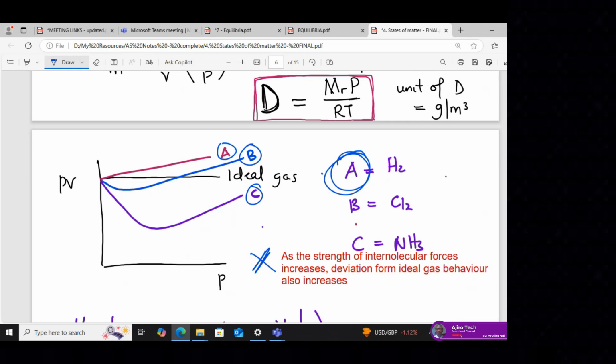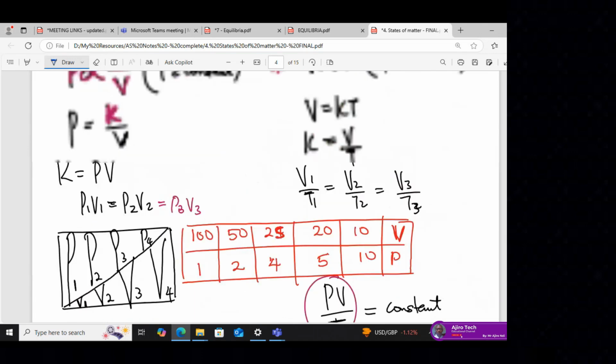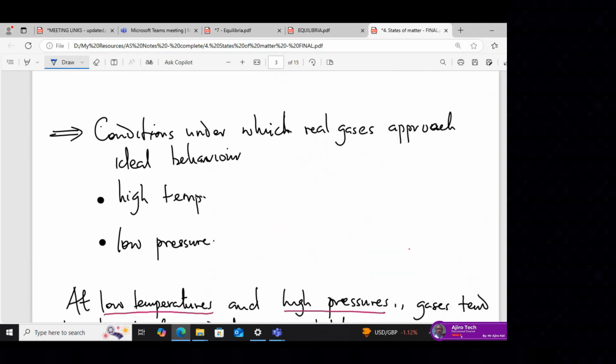So my point is this. When you apply high pressure, gas liquefies. The gas that liquefies first is the one that has the strongest intermolecular force. When you apply high pressure and low temperature, they deviate from ideal behavior. Gases approach ideal behavior when temperature is high and pressure is low.